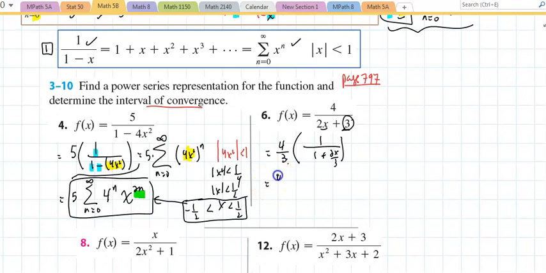And here I will say this is 4 over 3, but we have a problem. This is not a minus. So everything's matching, it seems. That's a 1, but that's not a minus. Well, that's easy. Can't I say that's really minus a negative 2x over 3? And now, when I look at this, that would be 4/3 the series n equals 0 to infinity of something to the n power.